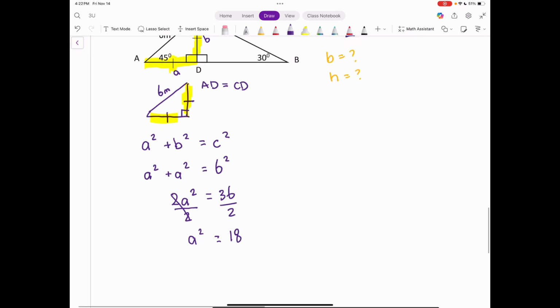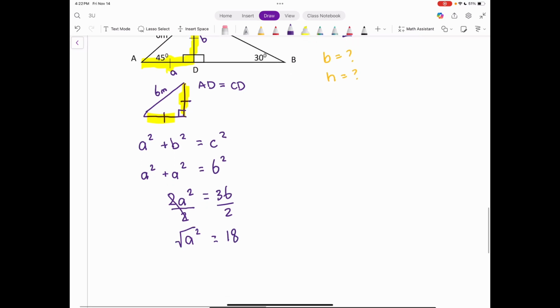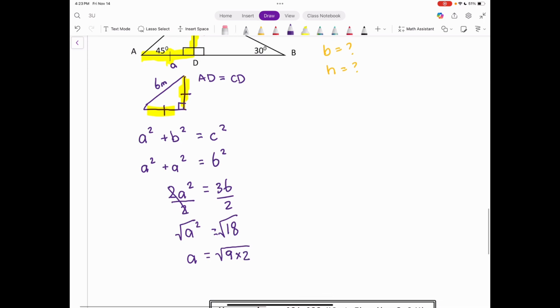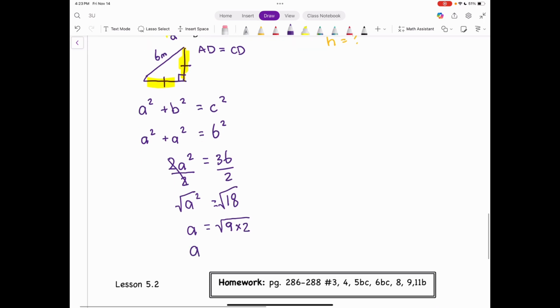To get a by itself, I need to take the square root of both sides. A is going to be equal to the square root of 18. But going back to, I believe, Unit 2, we know how to simplify radicals. So we need to think of two numbers that multiply to give me 18, one of which is a perfect square. In that case, we know that 9 times 2 equals 18, and the square root of 9 is 3.